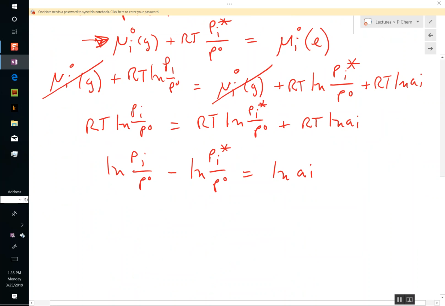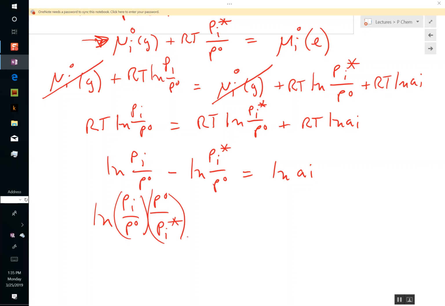And so this is kind of the ln of pi over p naught times p naught over pi star. You can take this out of there by reversing that and multiplying those together.